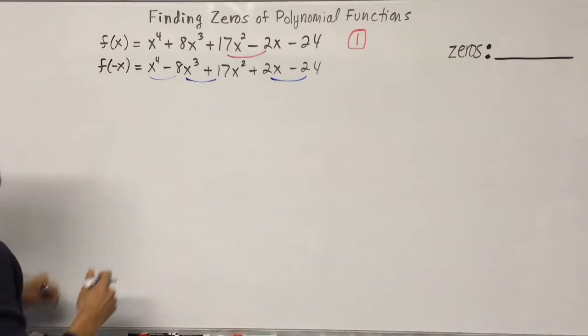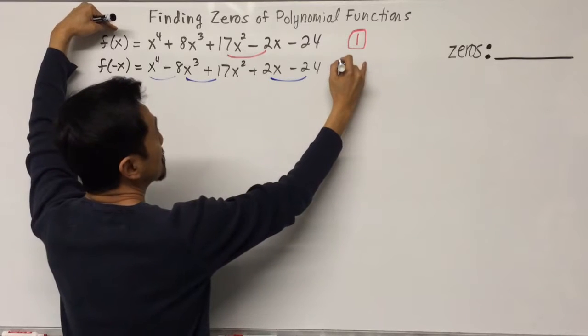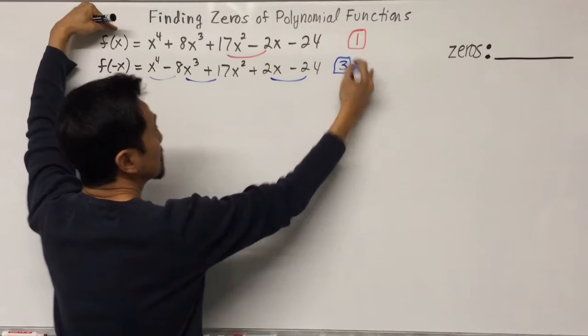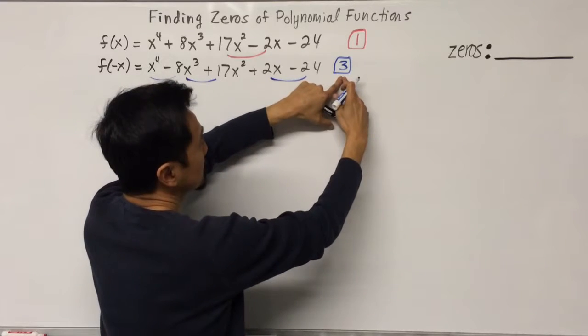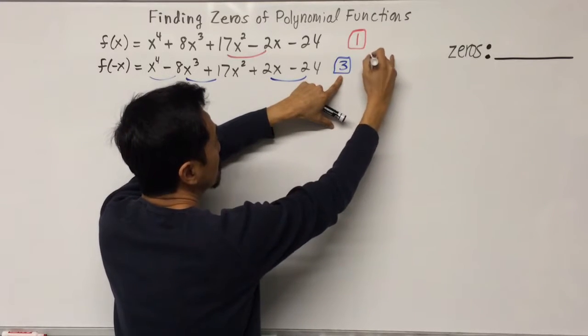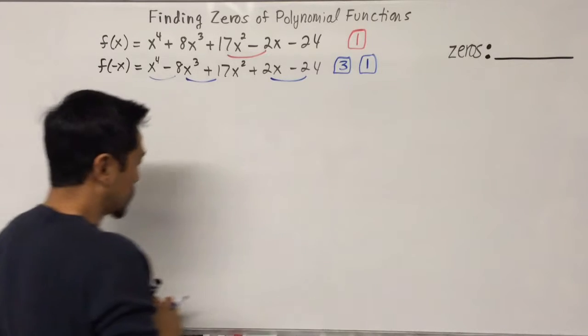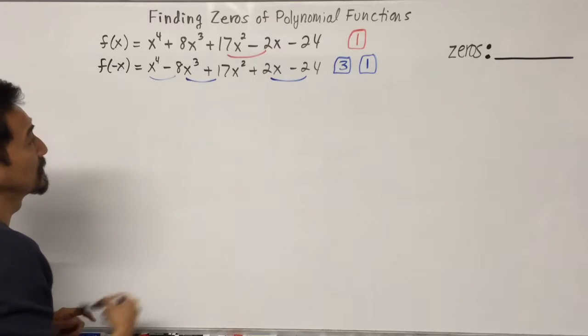So that means that f of x, the original function, could have 3 negative real zeros, or it will be less than that blue number by an even. So 3 minus 2 is 1. Okay, so there's going to be 2 possible outcomes for this function.